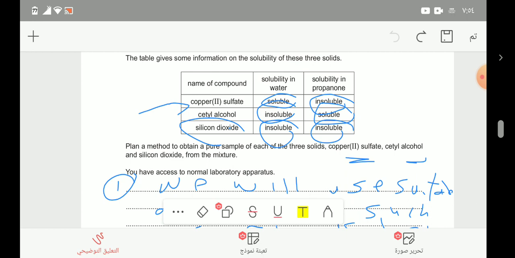Copper 2 sulfate is soluble in water and insoluble in propanone.